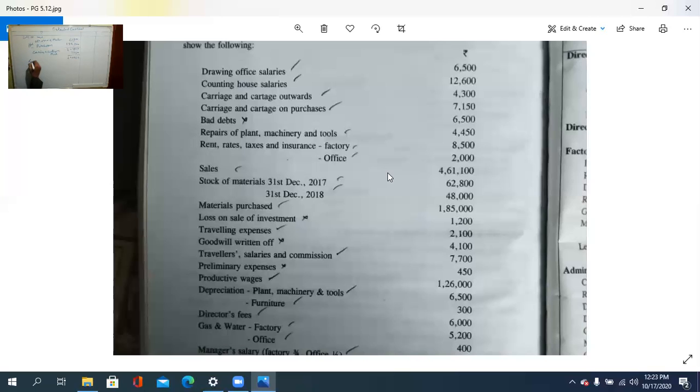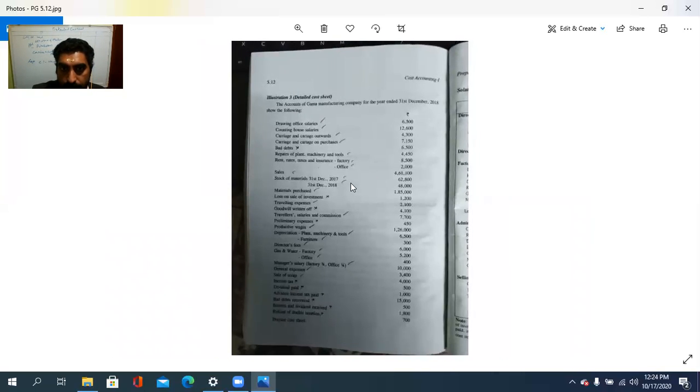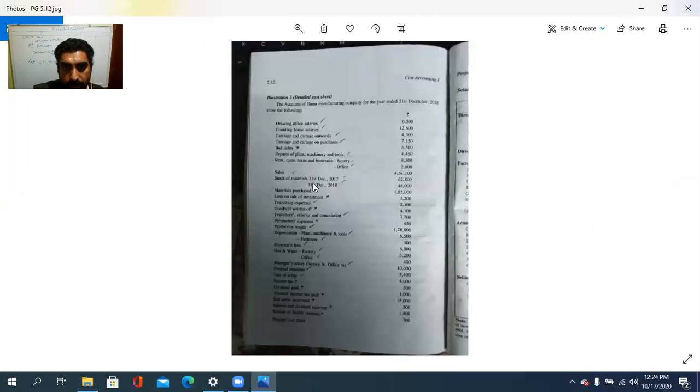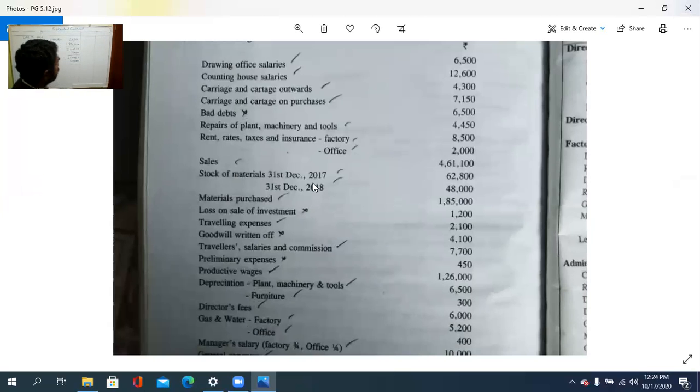See, less closing stock. How much is it? 48,000. So per unit, how much? We will check it here. No per unit column here, because it is not giving the per unit amount. Okay. So how much is the difference?